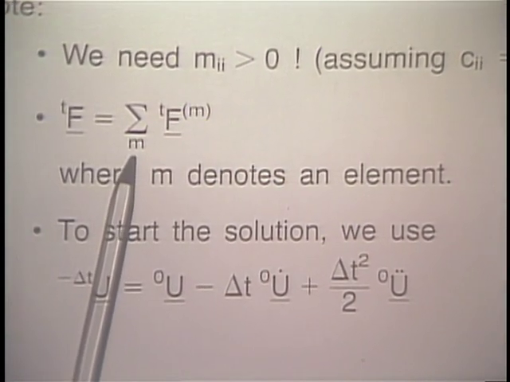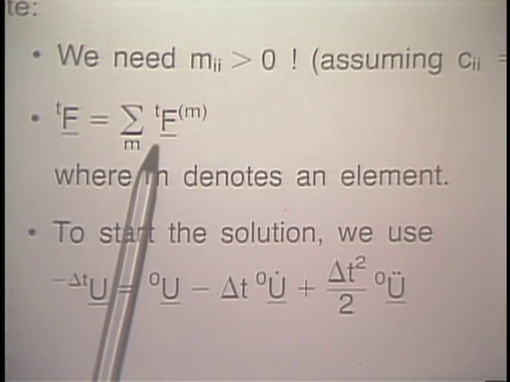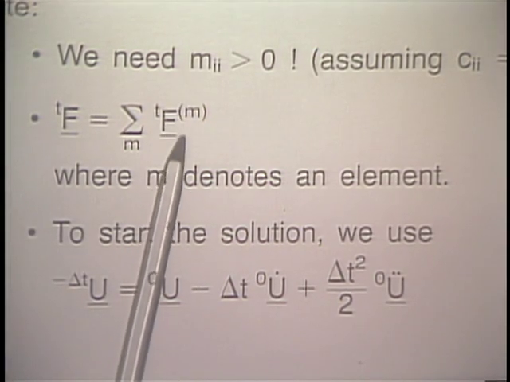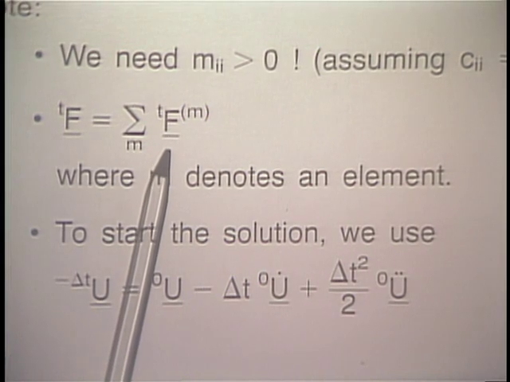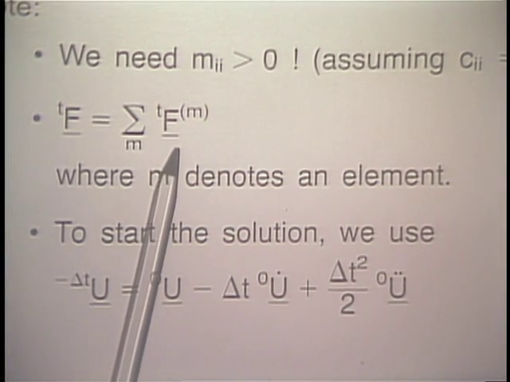Summing over m means summing over all the elements. And as I mentioned earlier, this, of course, is where coupling comes into the solution, because one nodal point, one degree of freedom at that nodal point, carries contribution from all the elements that surround that nodal point.